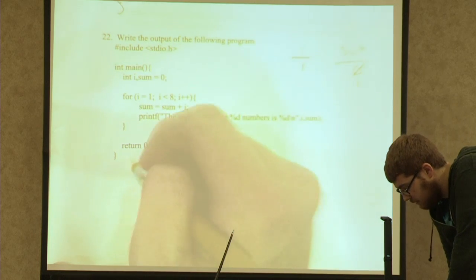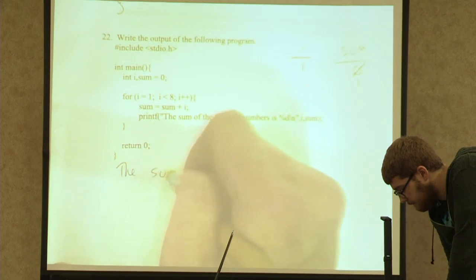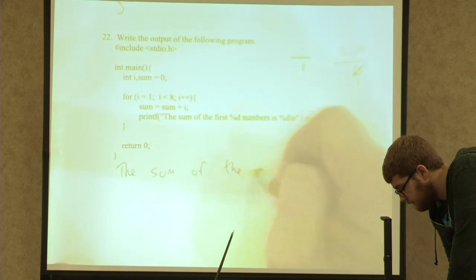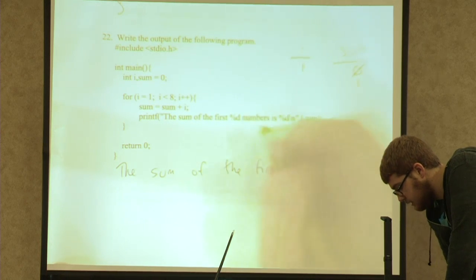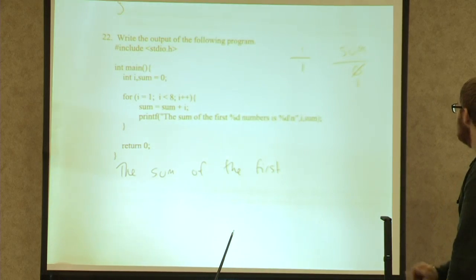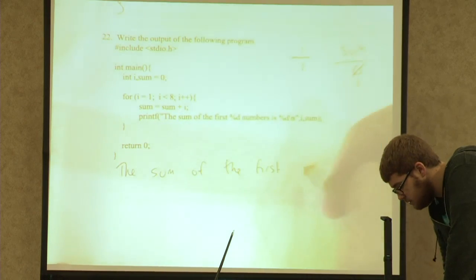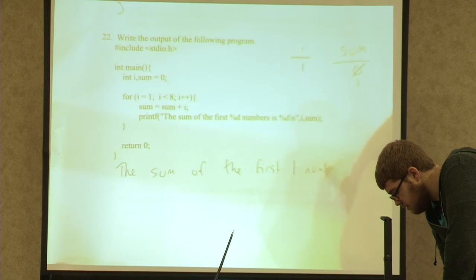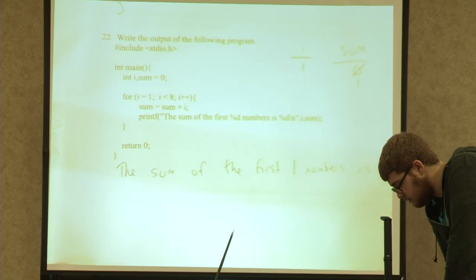It would print out the sum of the first, and then it's got a placeholder, and you look at the first variable, that's i, which is 1 from up there, so the sum of the first 1 numbers is, and then a placeholder, and that's sum, it would be 1.